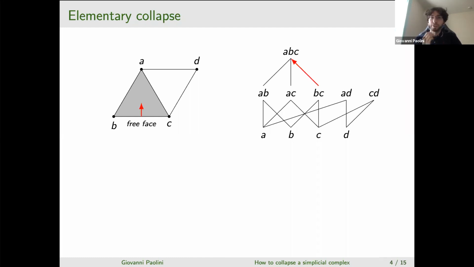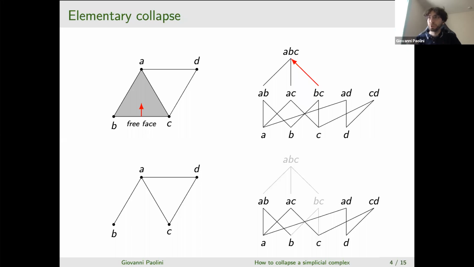You look for a so-called free face in your simplicial complex, which is any simplex which is contained in exactly one simplex of higher dimension. For example, here, the edge BC is a free face of the triangle ABC. And once you have a free face, you can collapse both these simplices by pushing the smaller one towards the interior of the bigger one.